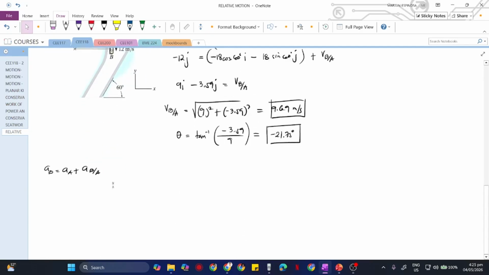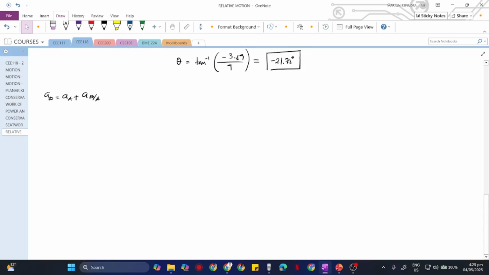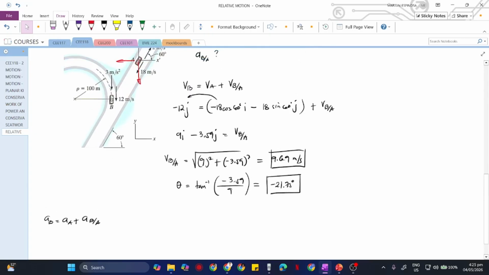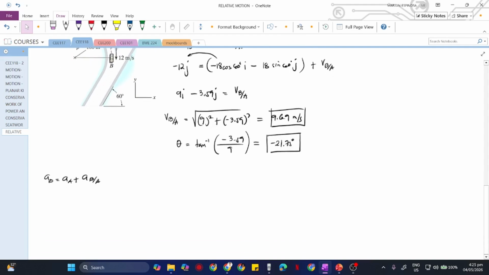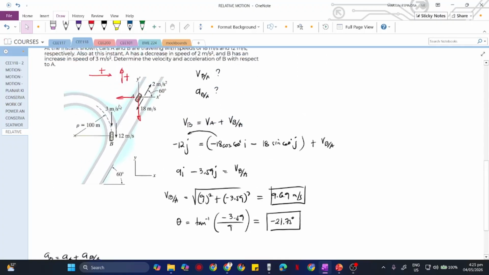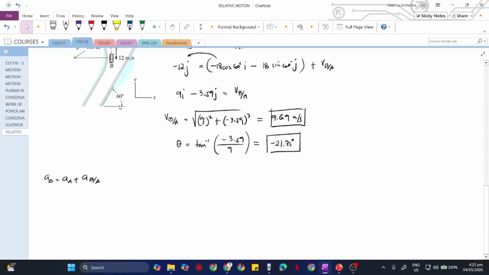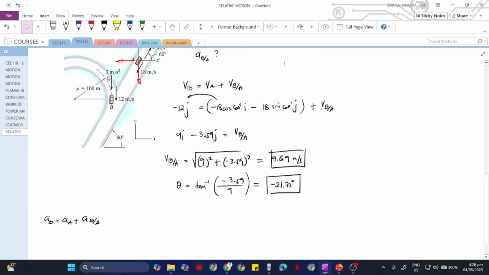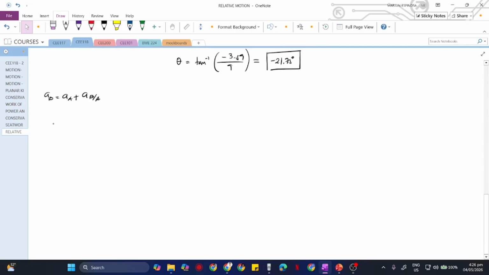So, first let's get the acceleration at point B. You can see that object B is traveling along a curve, meaning we need to consider the normal acceleration and the tangential acceleration. The tangential acceleration is already given, 3 meters per second squared. So the question is just the normal acceleration of point B.